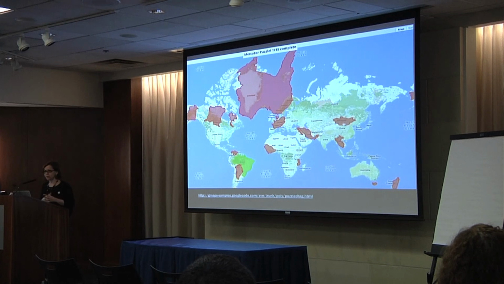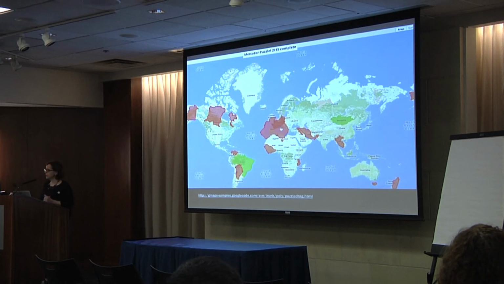But the Mercator projection was devised by a Flemish cartographer in 1569 for the purpose of navigation, right? And so it highly distorts shape and area. I can guarantee you that Brazil is larger than Alaska.